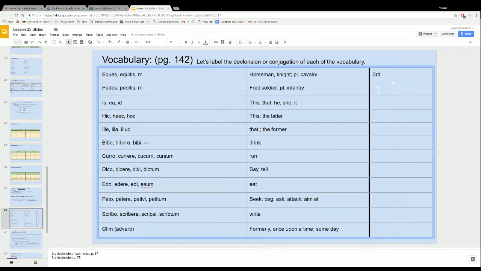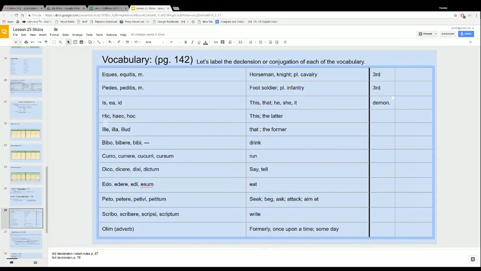Now let's look at pedes, peditis. What declension? Third. It is third. And of course, this one is a demonstrative, which we just learned this unit.